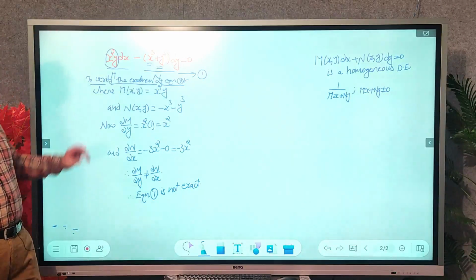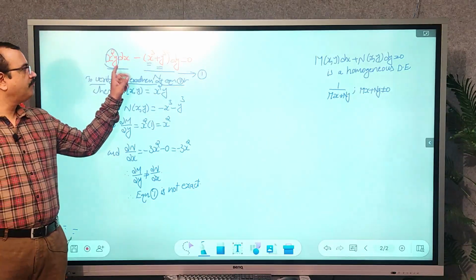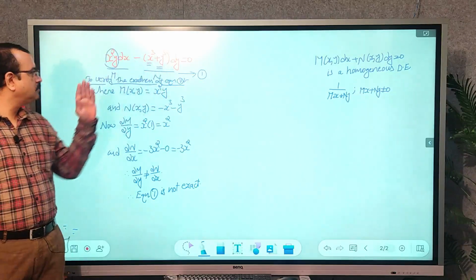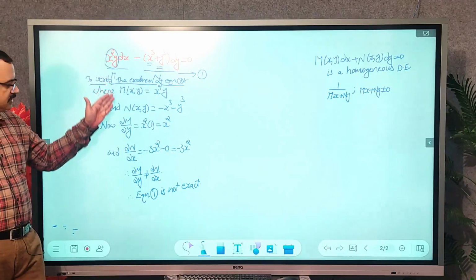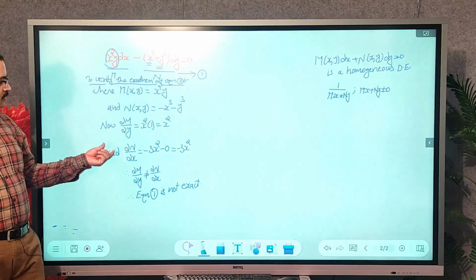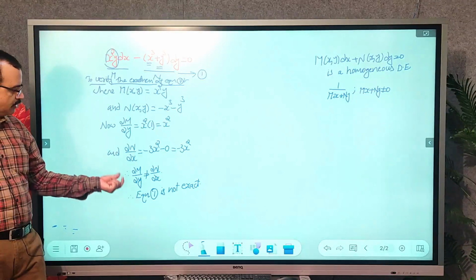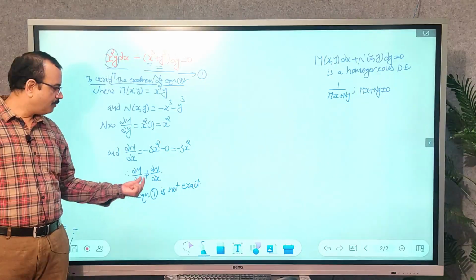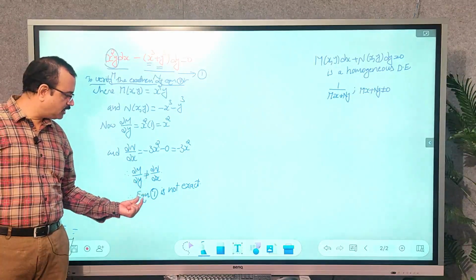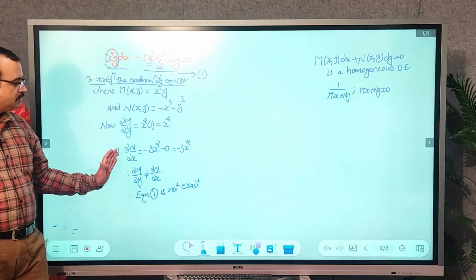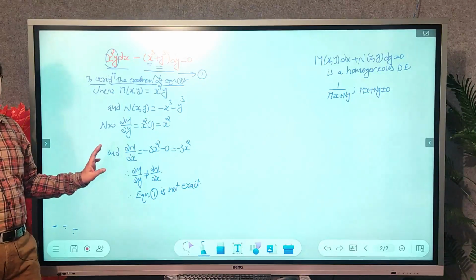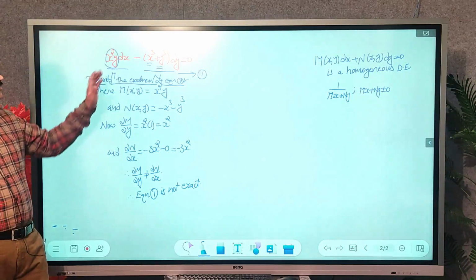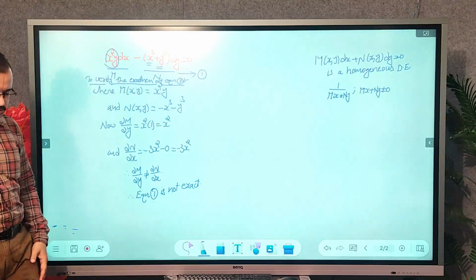So we have identified that the given DE is in the form of M dx plus N dy is equal to 0. Now we verify whether it is exact or not. We calculated dou M by dou y and dou N by dou x, but it was identified that both are not the same. So the given DE is not an exact differential equation, but it is in the form of M dx plus N dy is equal to 0.